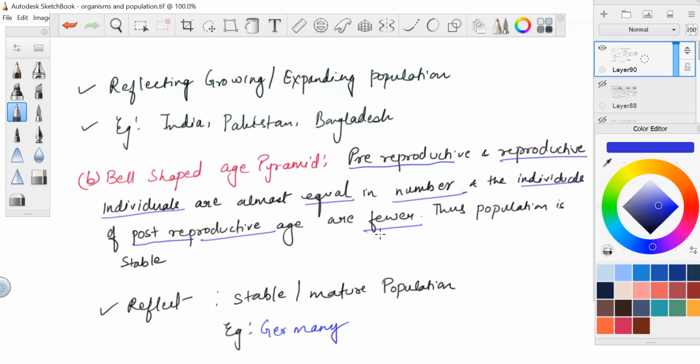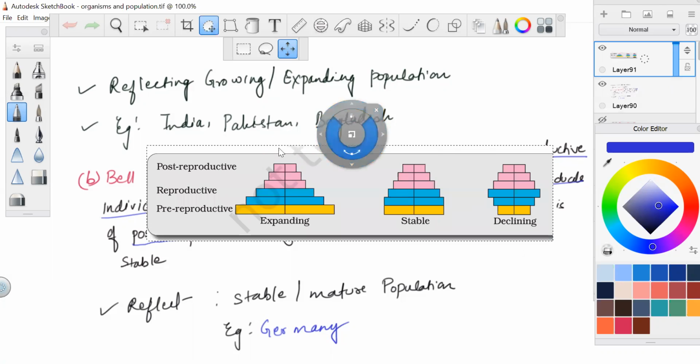And the last one is urn shaped. Done? So you can see this is a triangle.